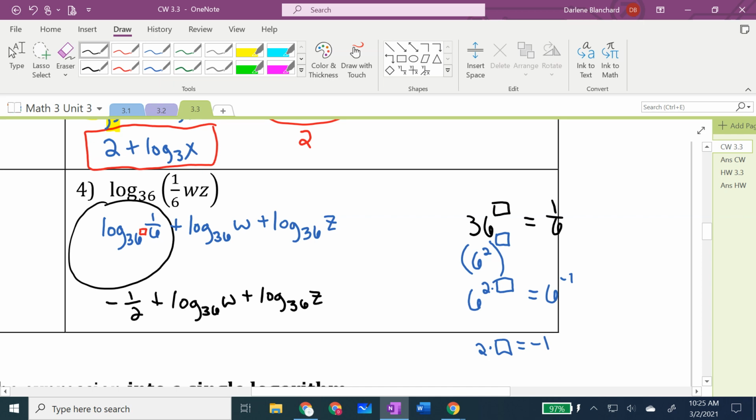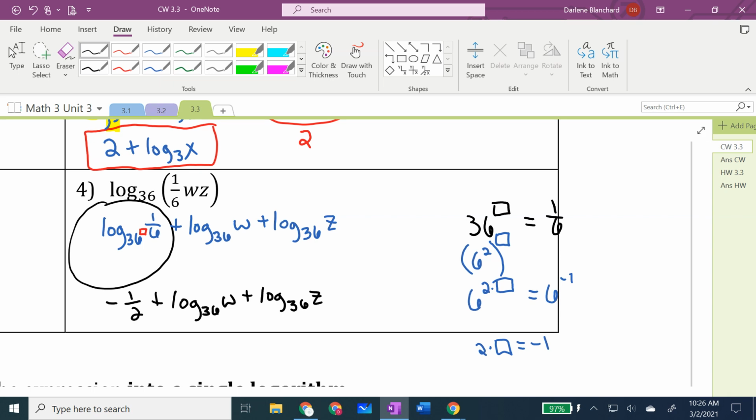And take a moment to just think about it also and see the correctness of 36 to the -1/2 power. The 1/2 power means square root. The negative with that exponent means flip the fraction.